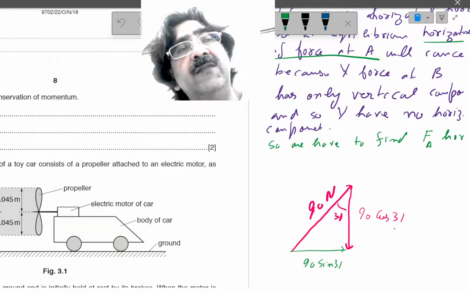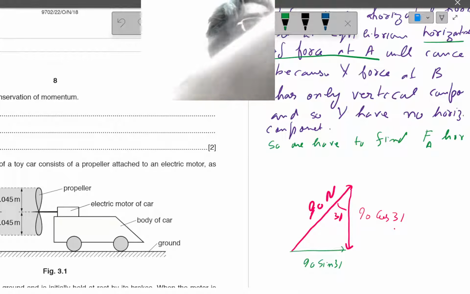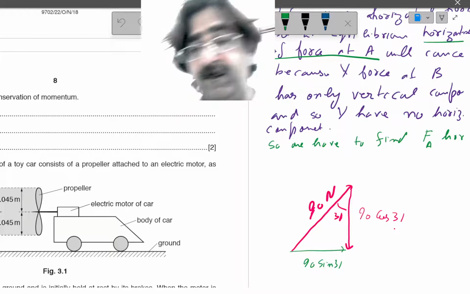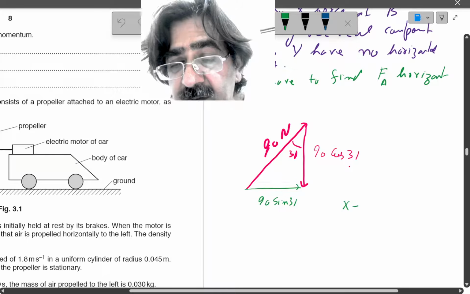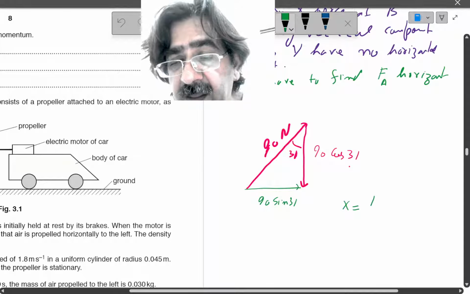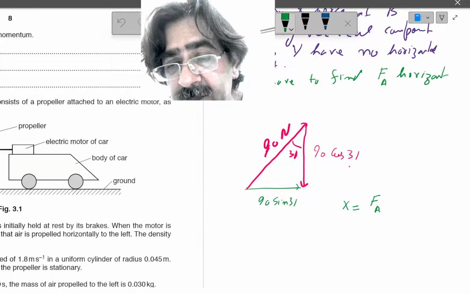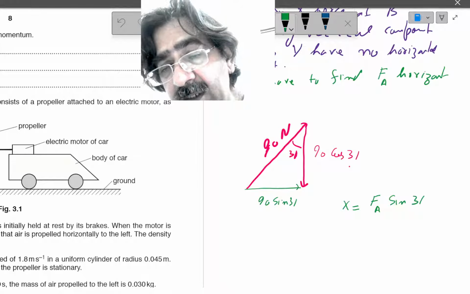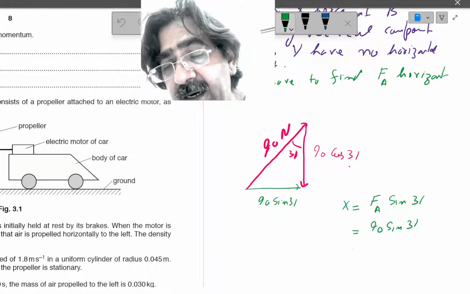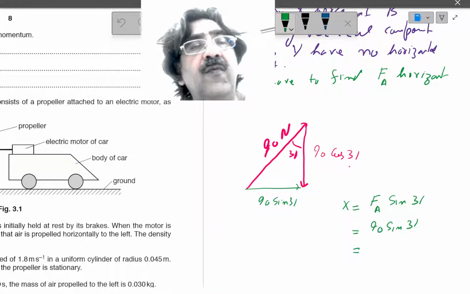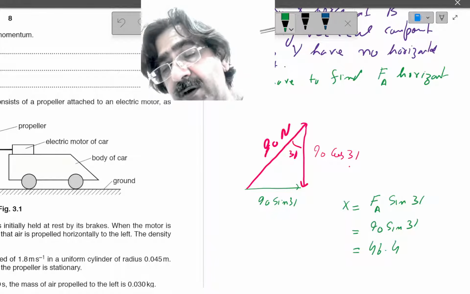So the result will be x equal to FA sine 31, which is equal to 90 sine 31, and that is equal to 46.4 Newton.